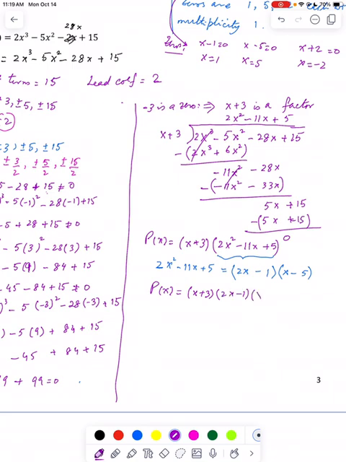And so this is the polynomial in the fully factored form, and then you can see that we have zeros at negative 3, 1/2, and 5, and each of multiplicity one. So this is how we do this problem.